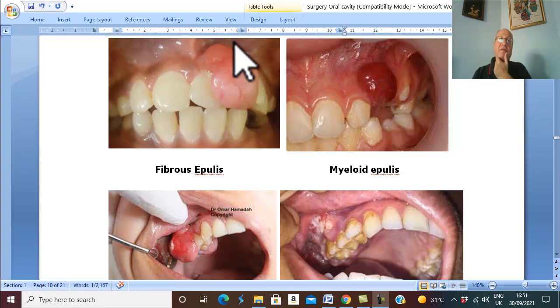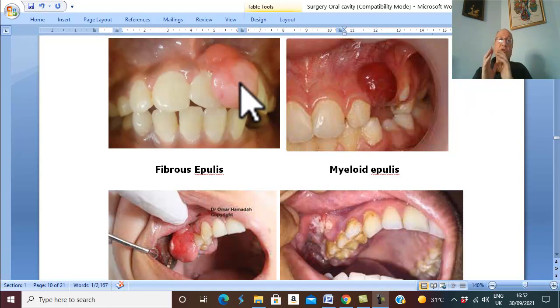What is the clinical picture of fibrous epulis? Fibrous epulis is painless, very slowly growing, pale red or white. Why pale red or white? White is logical because it is a fibrous tissue mass.